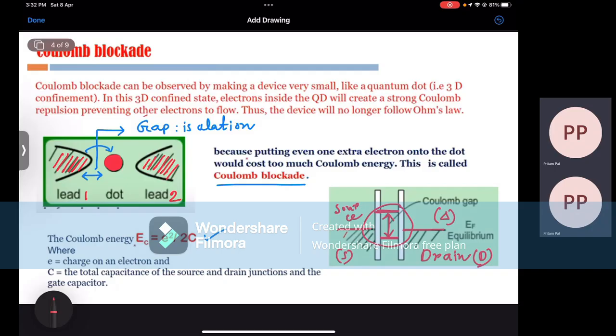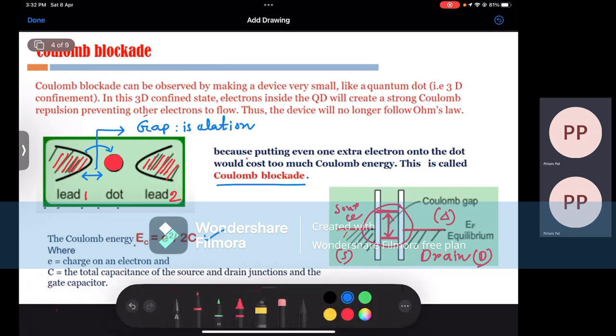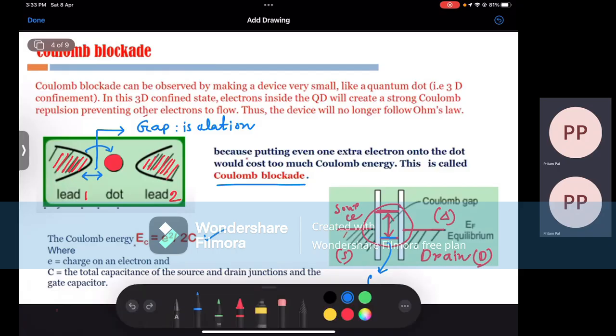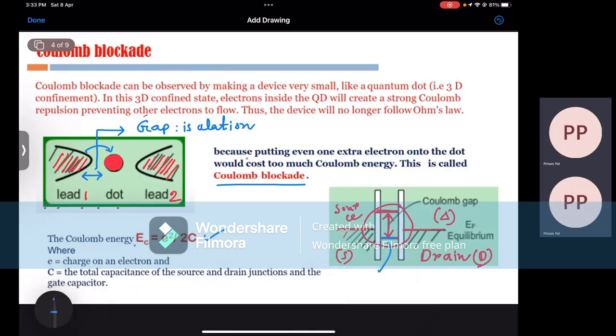So right now in this present situation, this state is a filled state. I'll just change the color so that you won't get confused. So this is, let's say, the present state. This is filled.